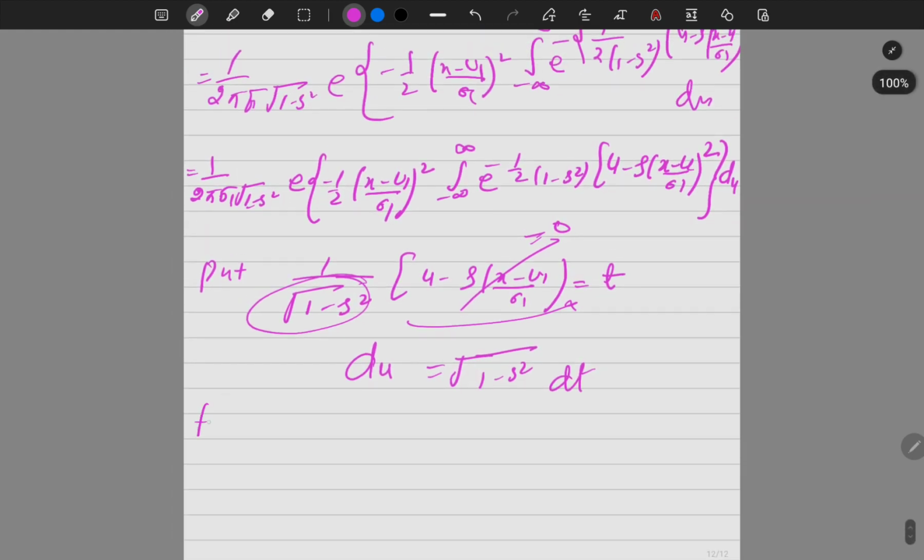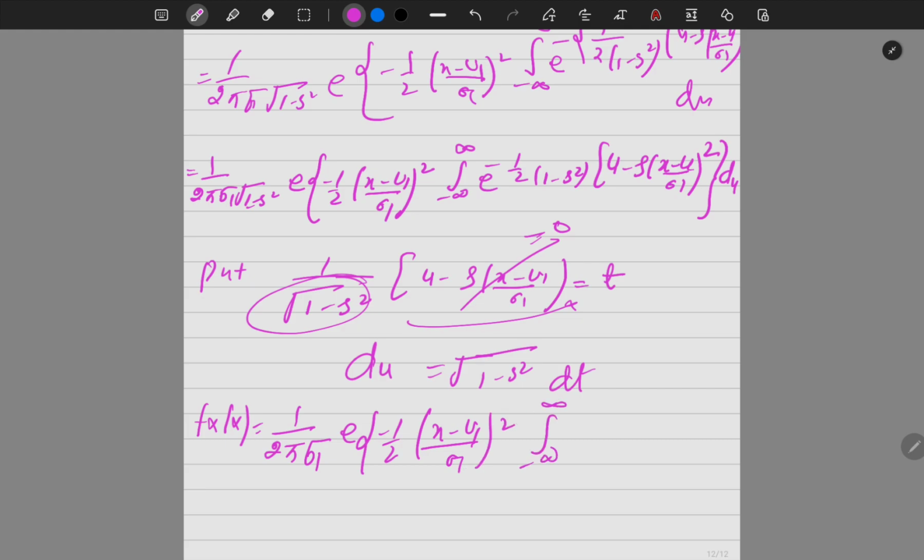So now the f of x becomes 1/2 pi sigma 1, e raised power minus 1/2 ((x minus mu 1) upon sigma 1) square, then from minus infinity to infinity.